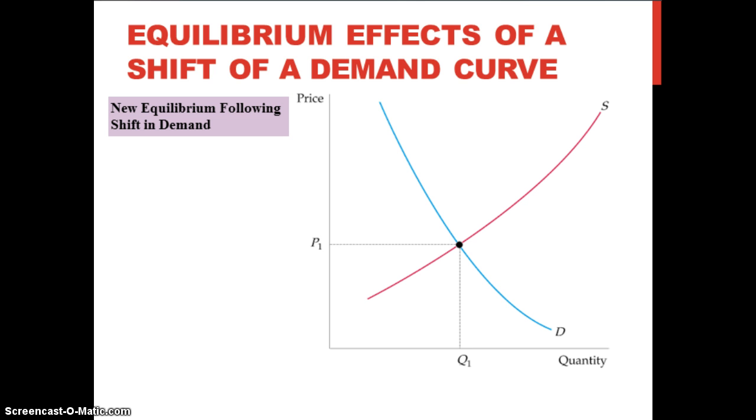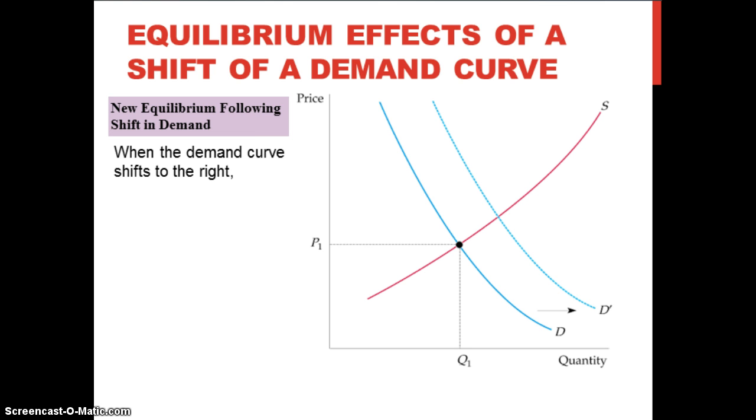So this is the equilibrium point. And when the demand curve shifts to the right, please remember, demand curve shifts when factors other than price change. For instance, the change of income or change of other goods' price or consumers' expectation for that good.